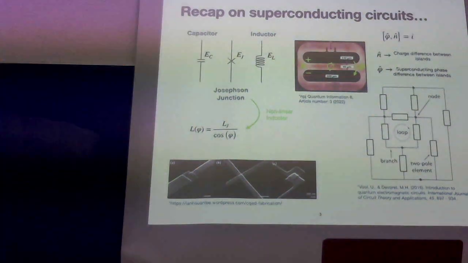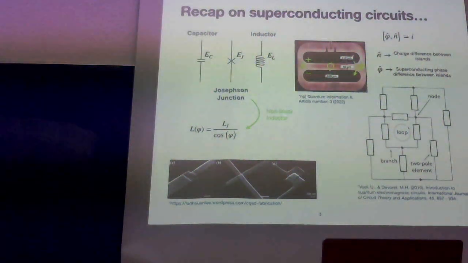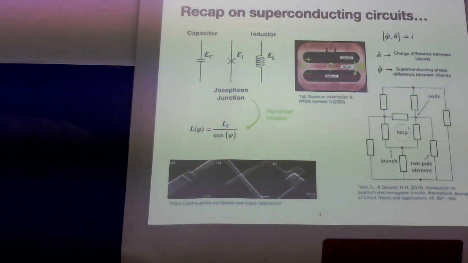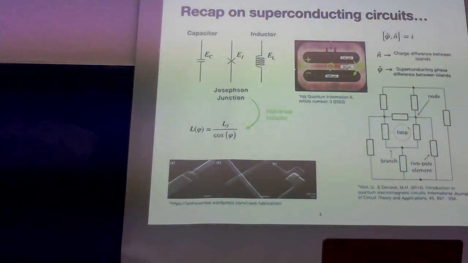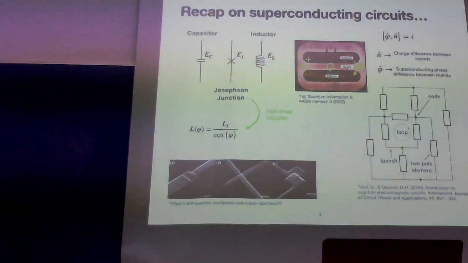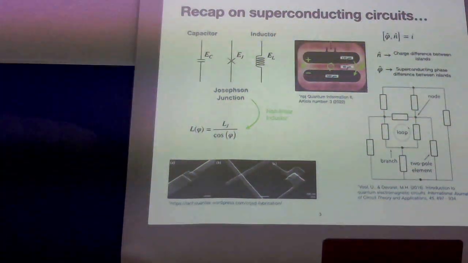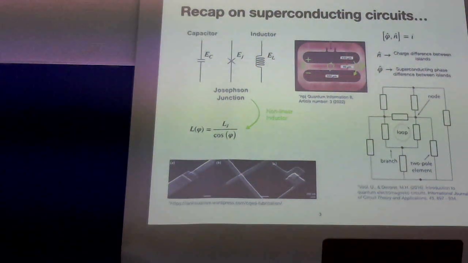Here, you see that there is a cable that goes to the island. So essentially you send a microwave signal here and you drive it so as to provide energy and create an excitation. Okay. But exciting the qubit doesn't change the charge or the phase?